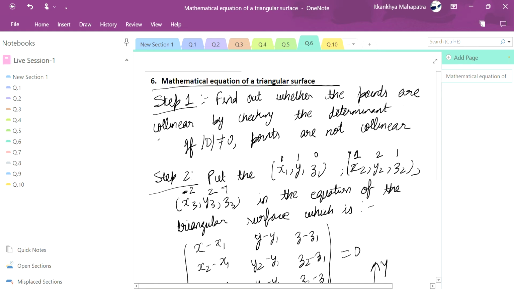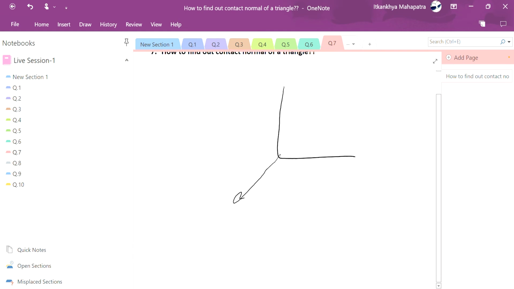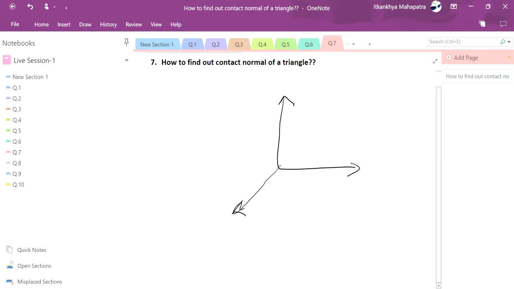Okay. So next one is how to find out the contact normal of a triangle.